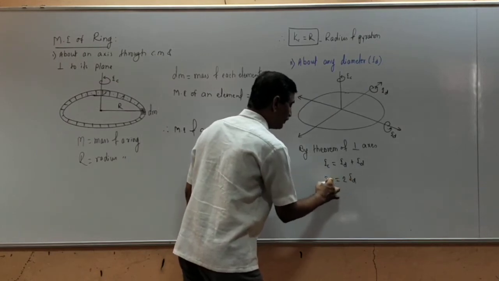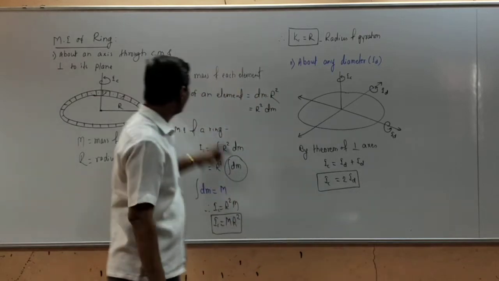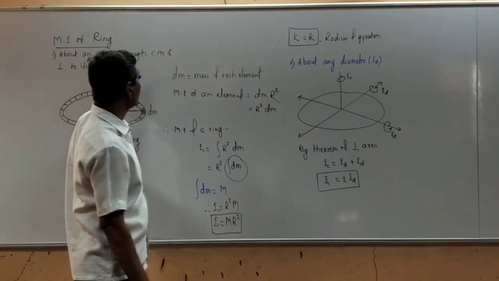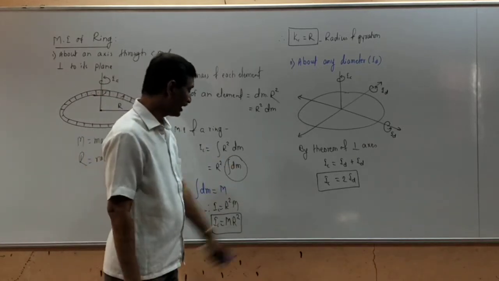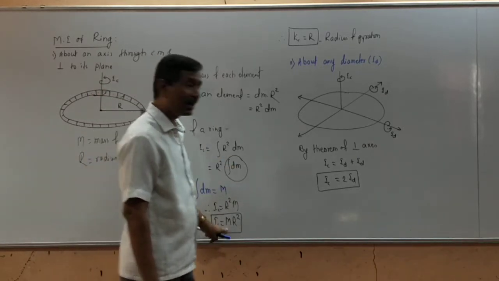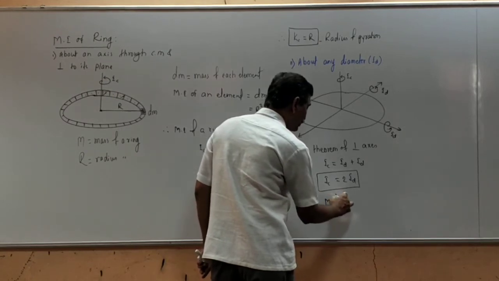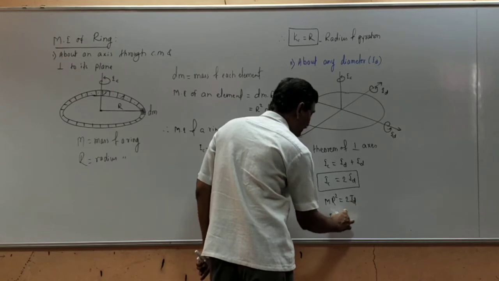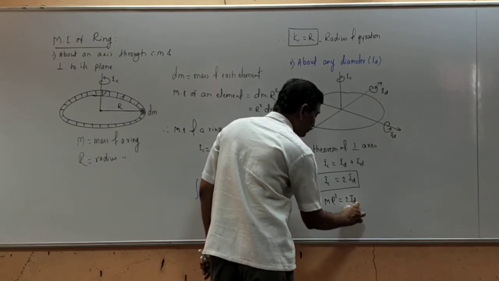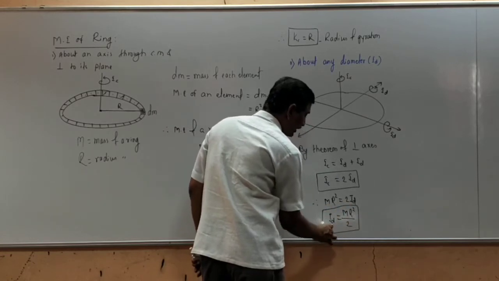So this is a simple relation between the moment of inertia about an axis passing through the center and perpendicular to the plane, and about any diameter. Now you are familiar with Ic. What is Ic? It is mr square, and so therefore mr square is equal to 2Id. Hence Id is equal to mr square upon 2. So this is the moment of inertia about any diameter.